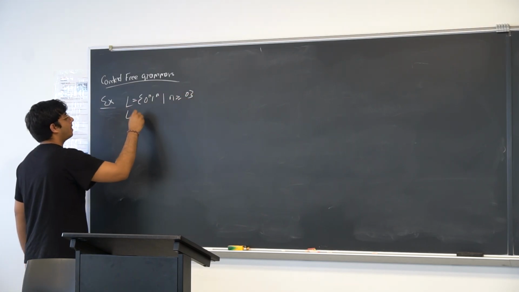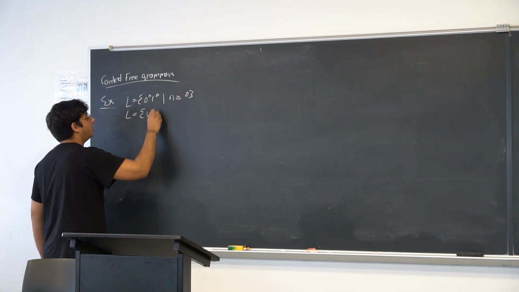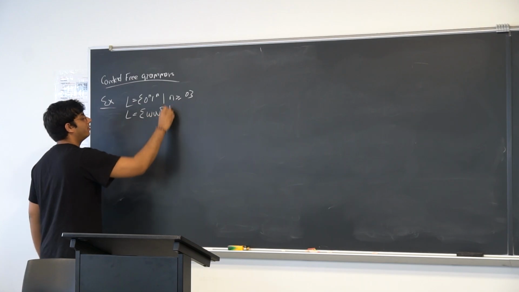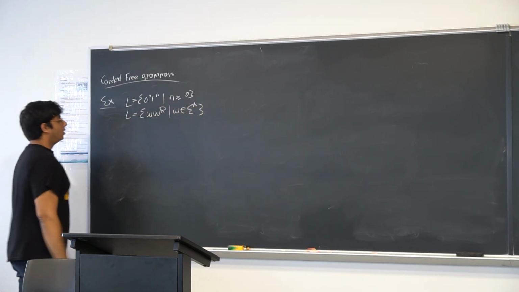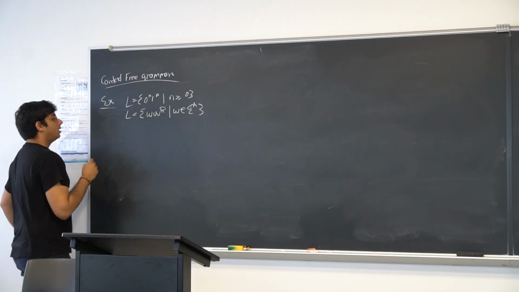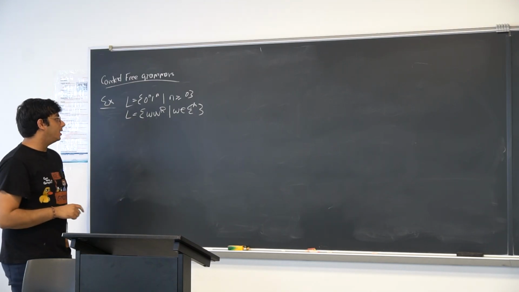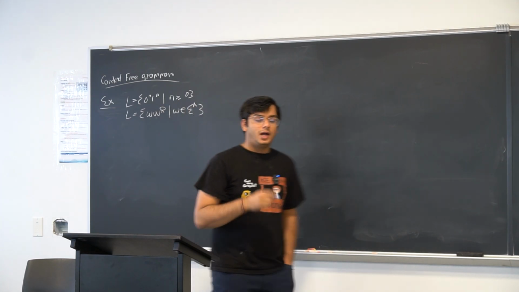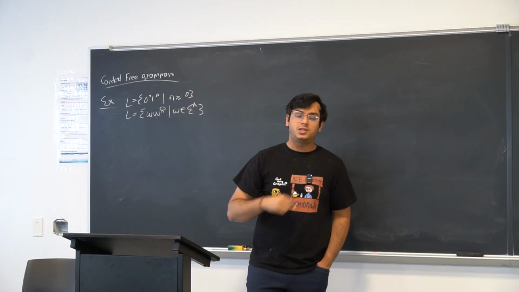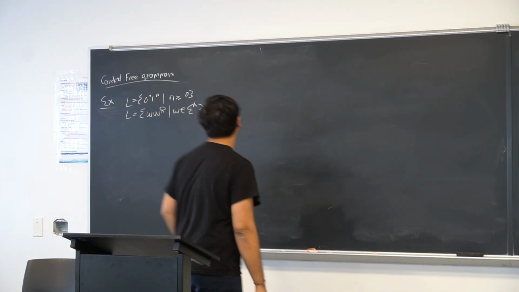We've seen the language WW^R, where W^R is the reversal of a string in a language. We've seen languages that are irregular. Why are they irregular? Because if I wanted to build a DFA for it, I would need an infinite number of states, but the machine needs to be finite, therefore it's not regular.